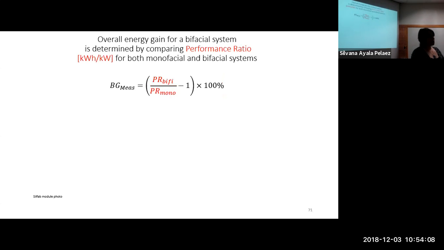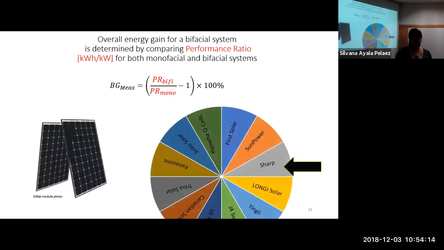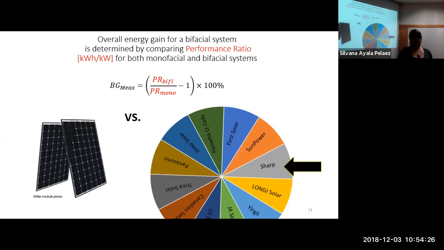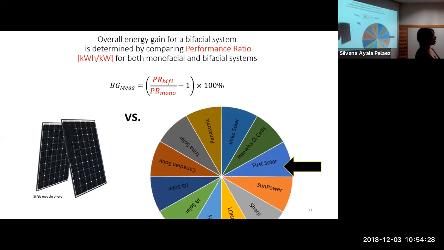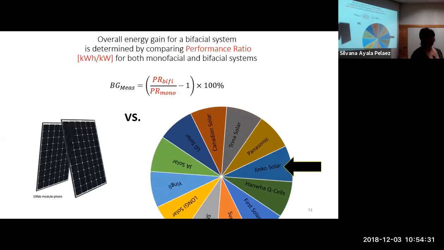One thing that we usually do is use the performance ratio, so we normalize to the panel value. We have a 225 watt panel versus another 225 watt panel, and we normalize. But even if we're using the same 225 watt panel, the bifacial gain that we measure will be different. Why?